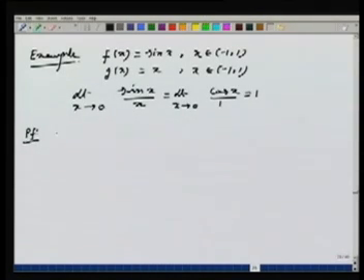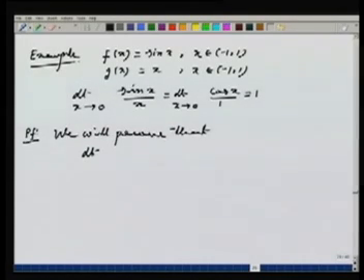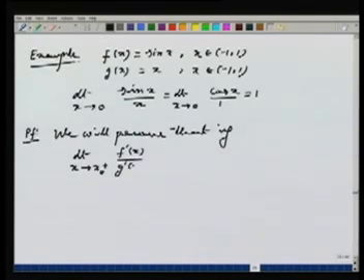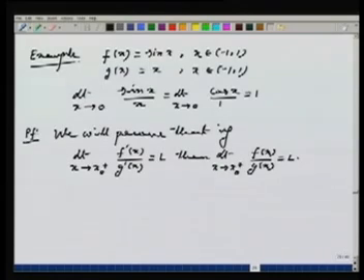What we will show is, we will prove that if the limit as x goes to x naught plus of f prime(x) by g prime(x) is equal to L, then the limit as x goes to x naught plus of f(x) by g(x) is also equal to L. So we start with f(x) by g(x).